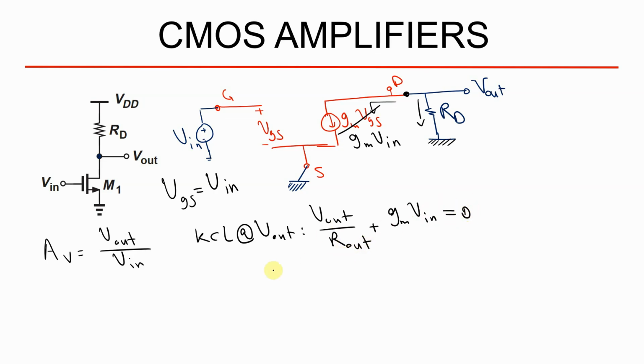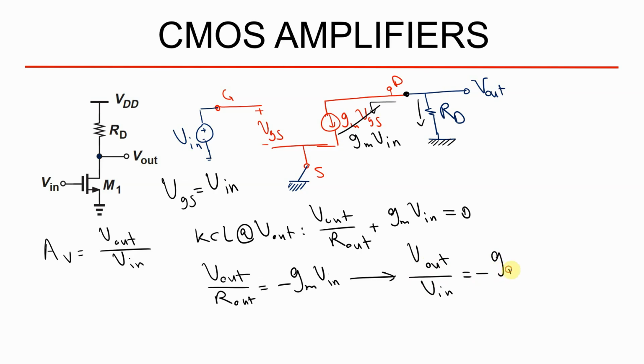And by really simple mathematics, you can get the result that Vout divided by RD equals minus gm times Vin. Now I can calculate the gain, which is Vout divided by Vin, equals minus gm times RD.